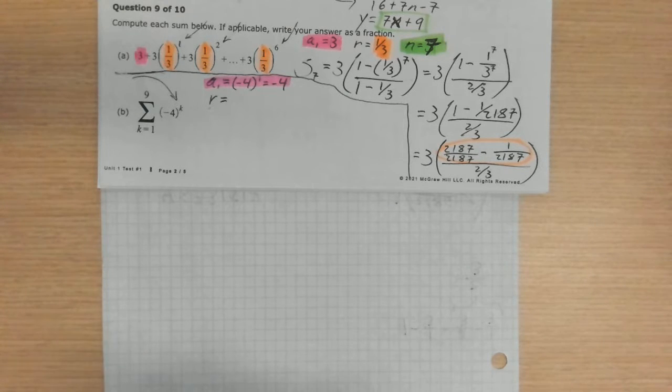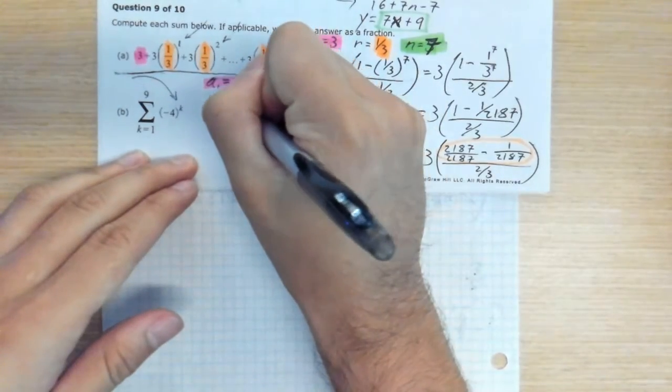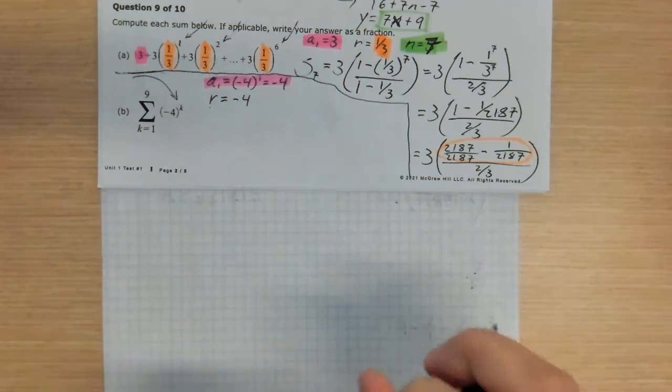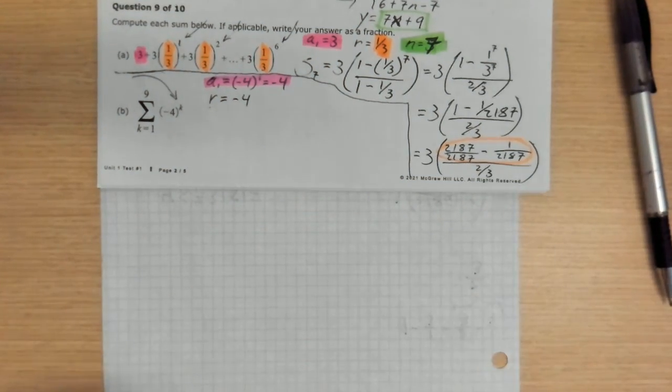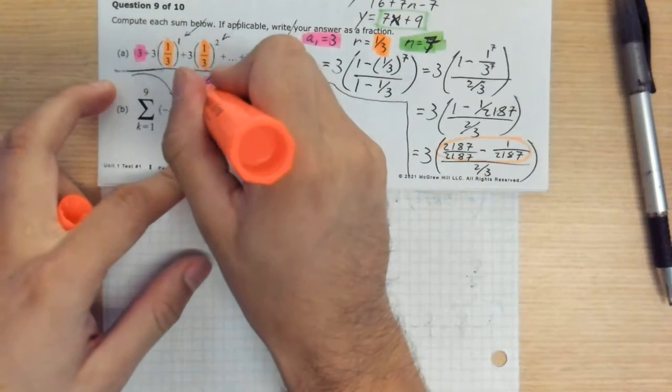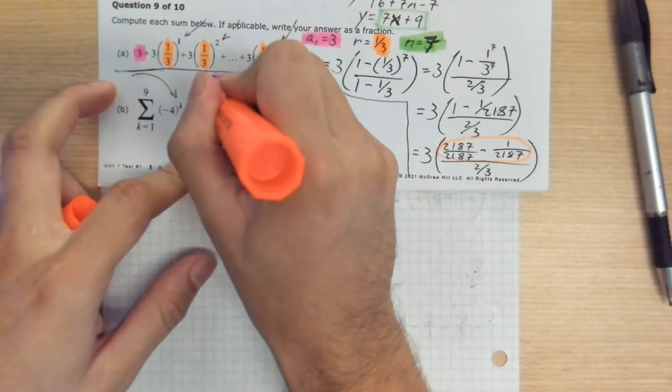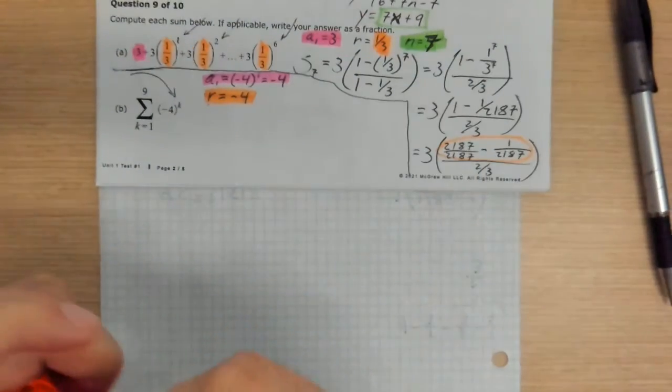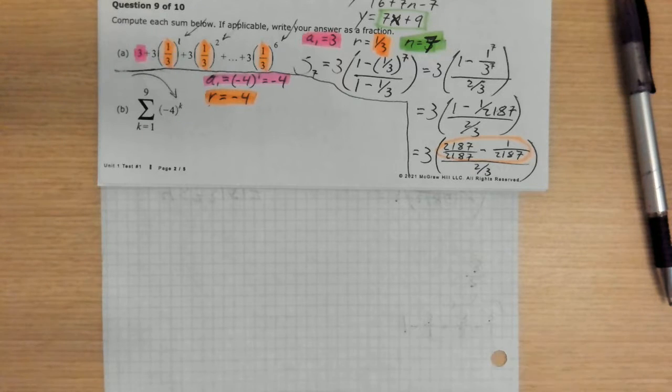So what's the value here that's being raised to a power? Negative 4. So negative 4 is my common ratio. This problem just happens to have the first term and the common ratio be the same. Remember, whatever value is being raised to a power, that is the common ratio.